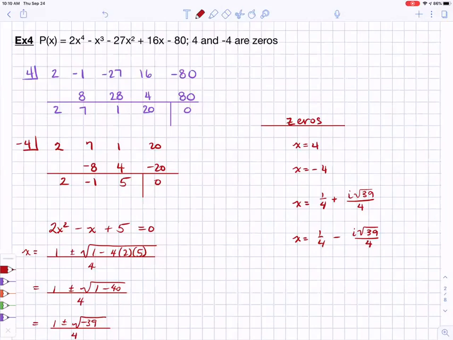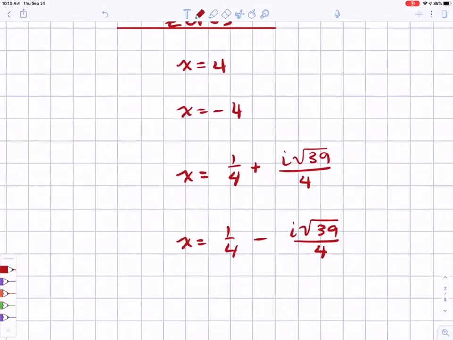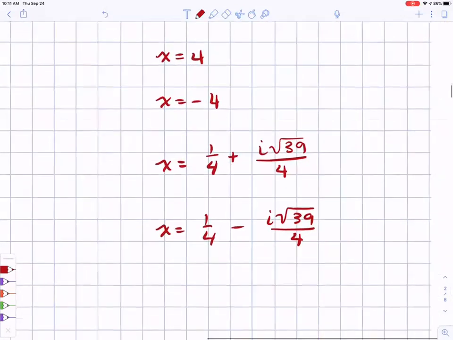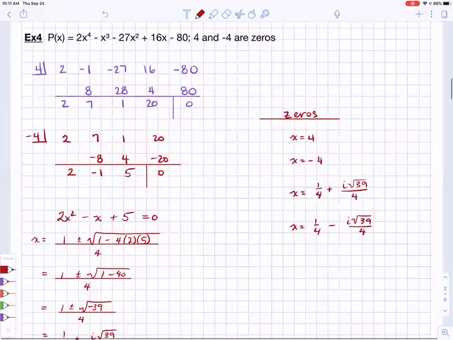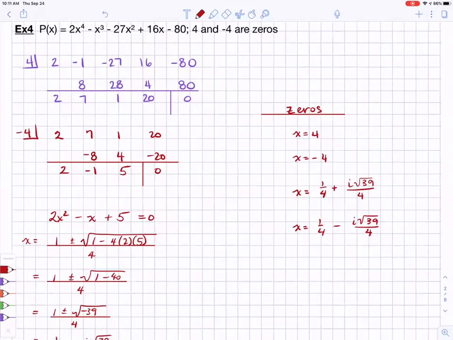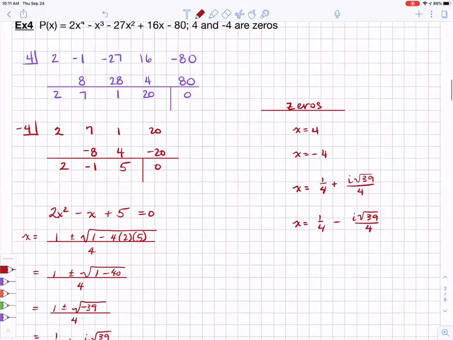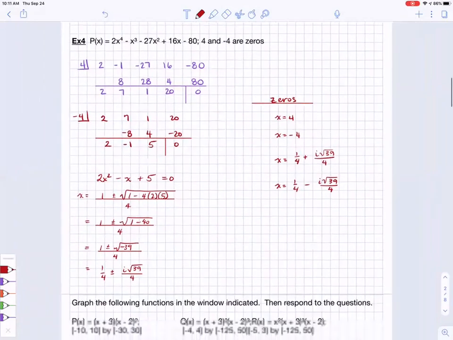Okay, so number 4, I've already worked out for you, and it is very, very similar to the last question from the last section. The difference is that 2 of my zeros are complex, whereas in the last section I didn't have any complex. My suggestion to you would be to work number 4 on your own and see if you can get the same thing.